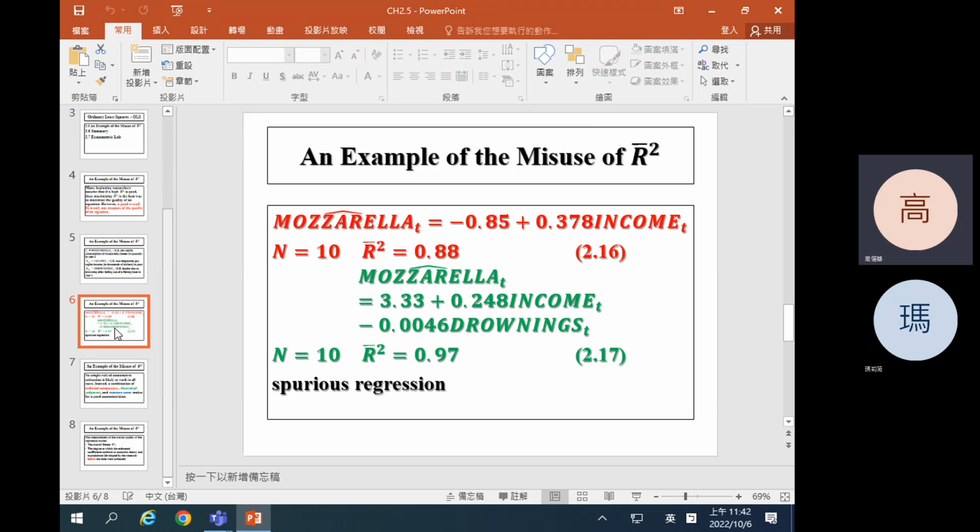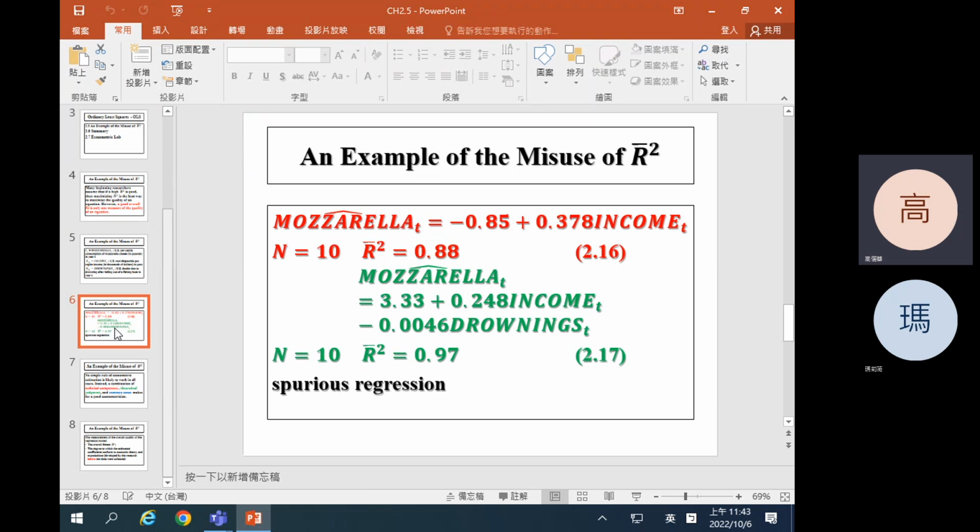Equation 2.17 adds one more variable, drowning. Then it turned out the adjusted R squared increased by almost 10%, about 9%, right?